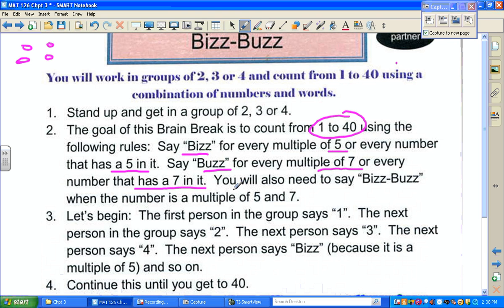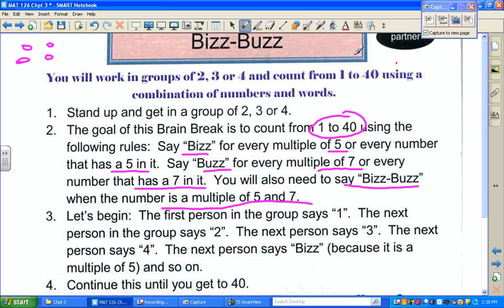Biz buzz is if the number has both a multiple of 5 and a multiple of 7 in it. All right. So the first person says 1. They go 1, then 2. The next one goes 3, then 4. The next one goes biz, 6. The next one goes buzz, and 7. You get the idea.